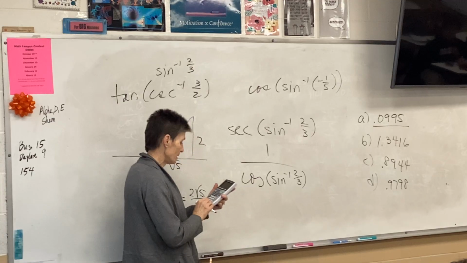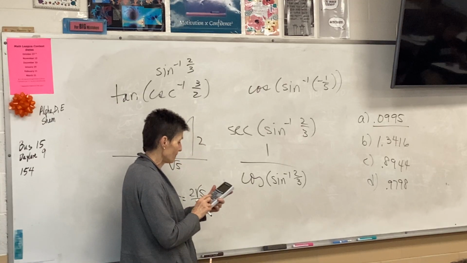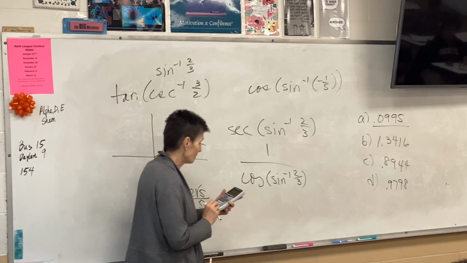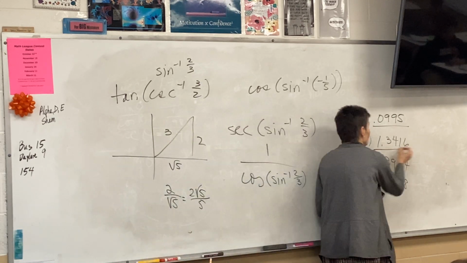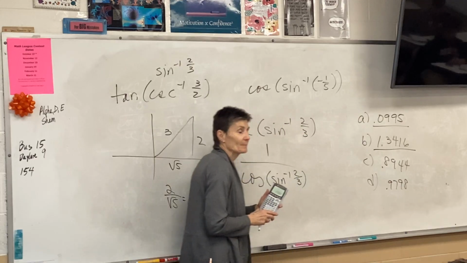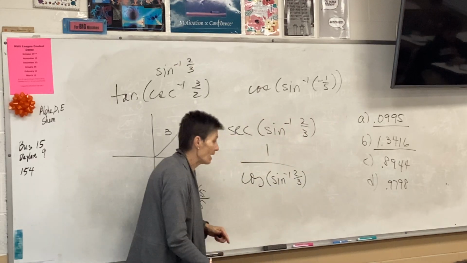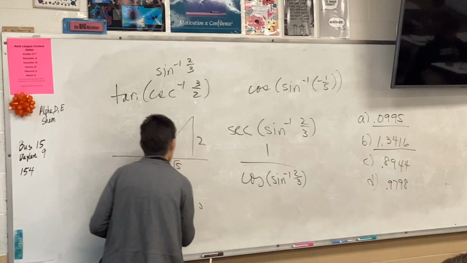So 1 divided by cosine, second sine, 2 divided by 3. Did you get 1.3416? Yes.